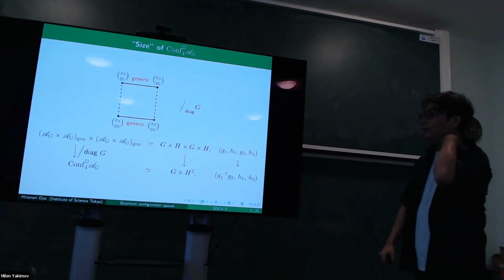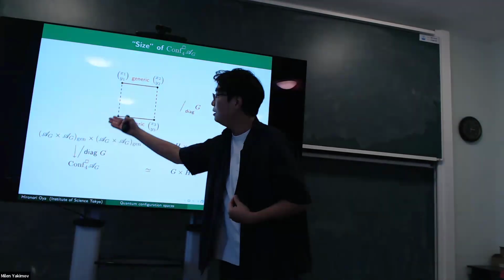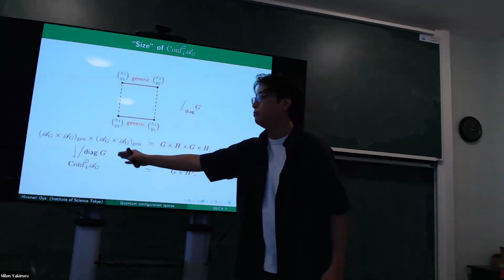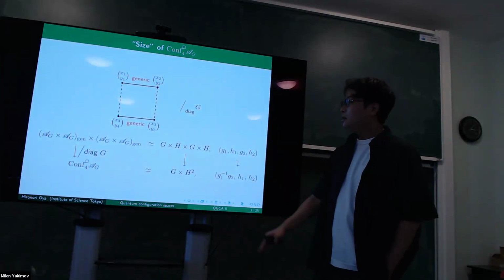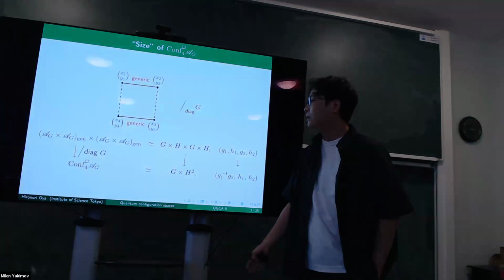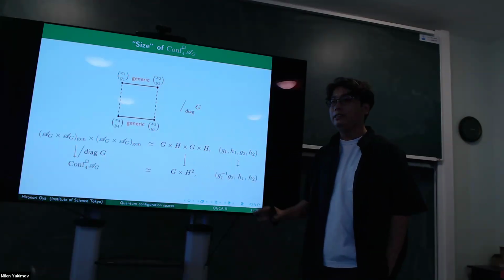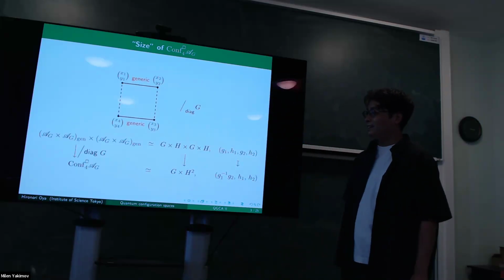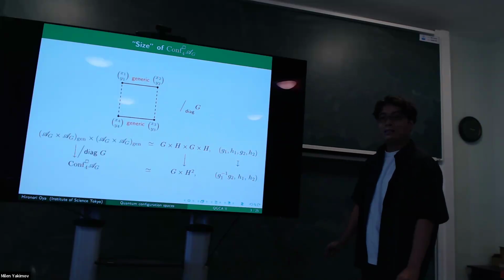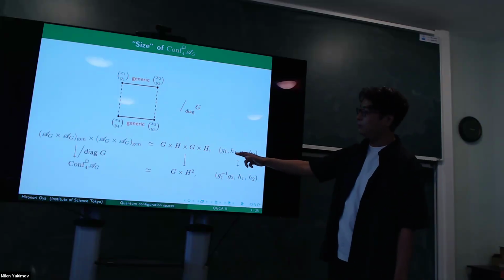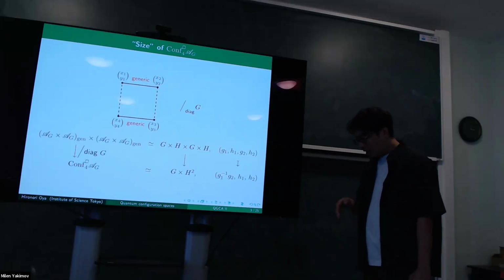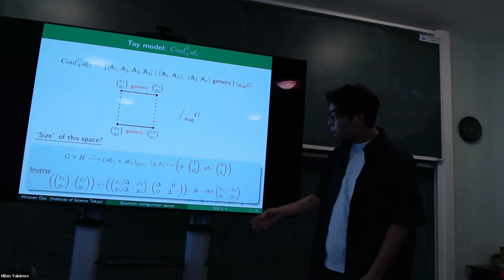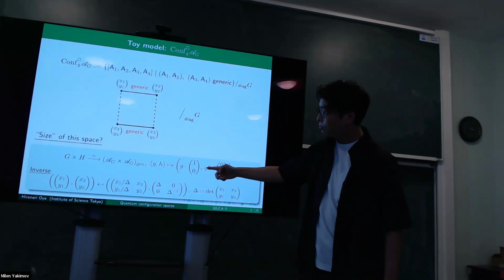Okay. And if we divide this space by the diagonal action, we obtain our configuration space. And this is actually isomorphic to G cross H cross H. Okay, so we can divide this. And the correspondence is given. Okay, so H1 and H2 are invariant under the diagonal action because this H comes from here.